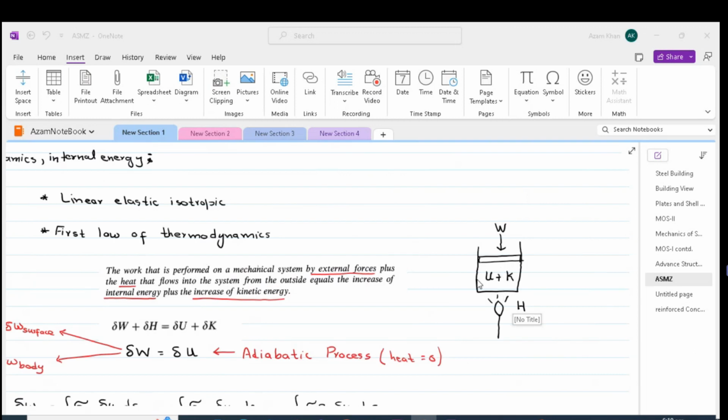Imagine we have a system which has a material inside. That material is subject to some external heat.